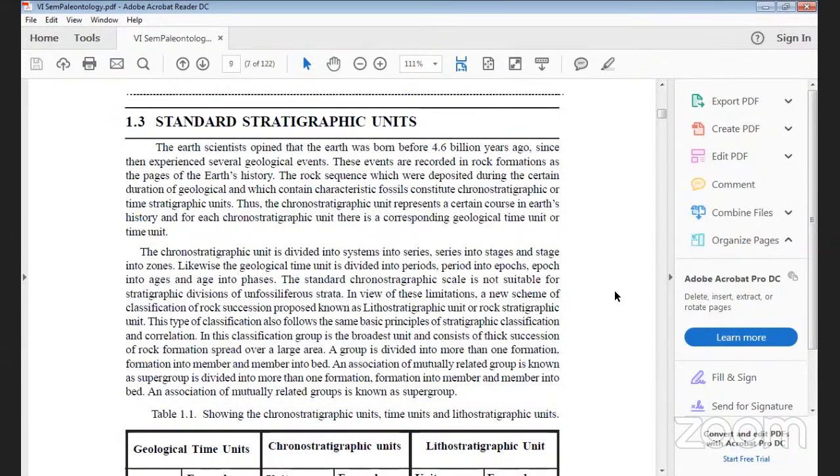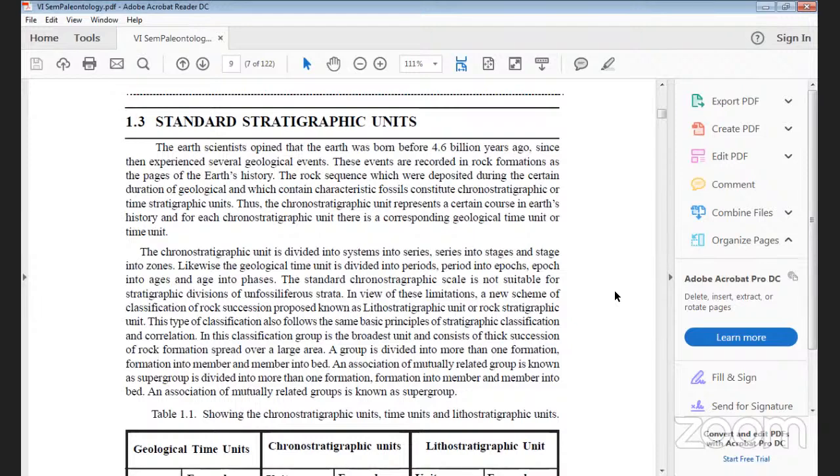Now let us see the standard stratigraphic units. According to Earth scientists, the Earth was born about 4.6 billion years ago. Since then, the Earth has experienced different geological events.